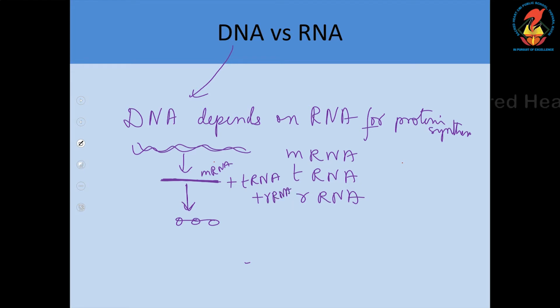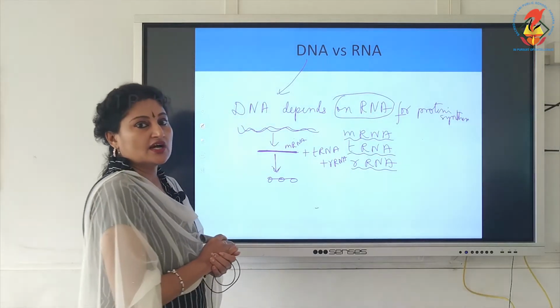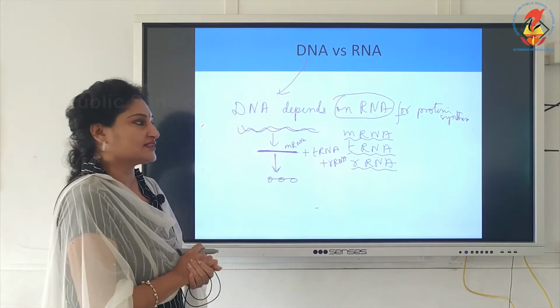So we can see DNA depends on RNA for it to be expressed as proteins. It depends upon mRNA, it depends on tRNA for transfer of the correct amino acid, and it depends on the rRNA for synthesizing the ribosomal units to initiate translation.